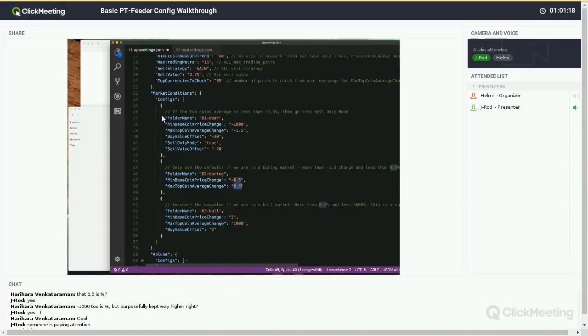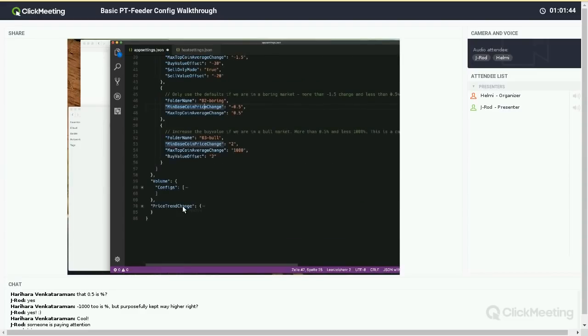So the first one has priority, and then the second one, and then the third one. So in case your Bitcoin price changes by 3% positive, but your top coins go to whatever, only 0.5 or 0.2% positive, then the boring folder will be selected because it's more up in the config order.